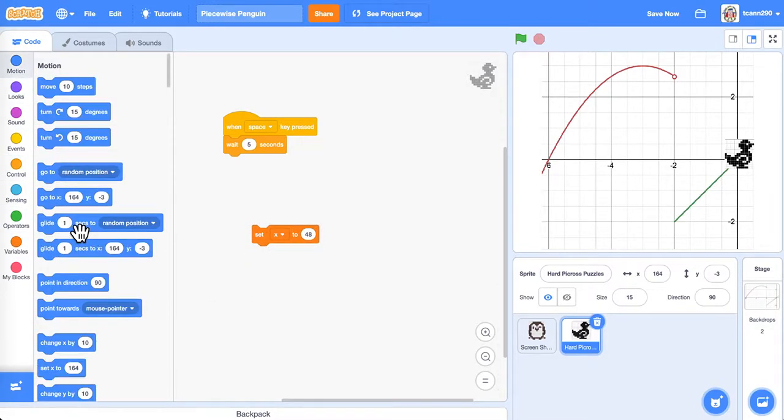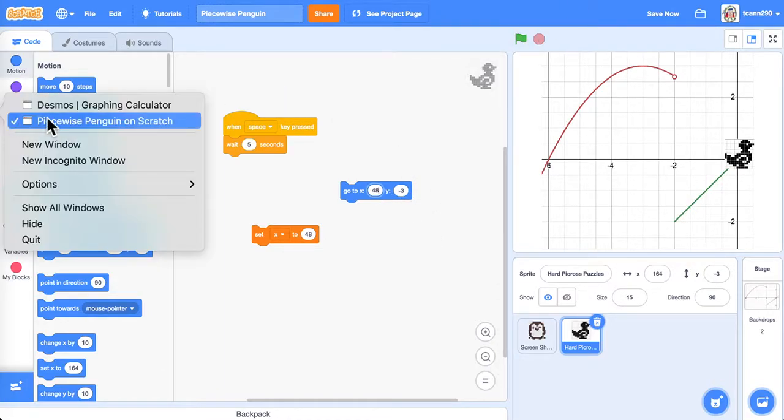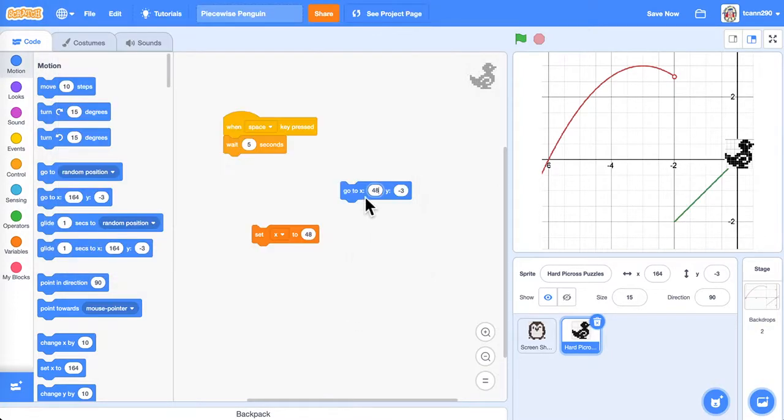I'm going to have it go to that location. So where's my go to? I don't want it to go to the end. I want it to go to the beginning. So 48, negative 124, I think. Yep. So I guess I didn't forget. I just wasn't ready to commit to it.